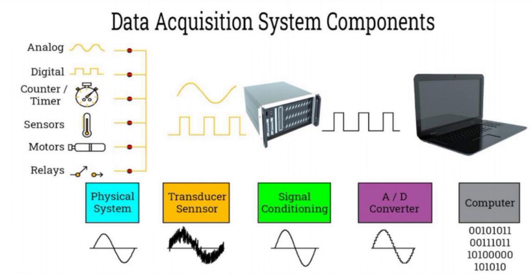For that we use signal conditioning. The next thing is the analog to digital converter. Whatever physical signal you are processing needs to be readable by the machine, so we need to do the digital conversion. These are the components involved in the data acquisition system. Finally, we connect with any systems.